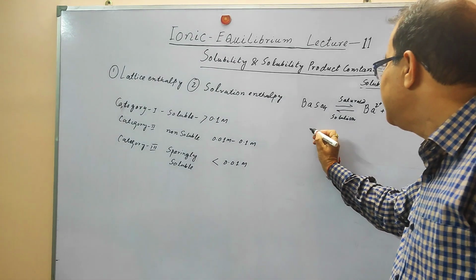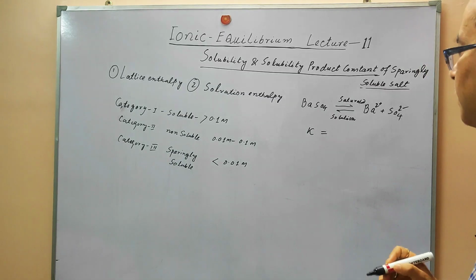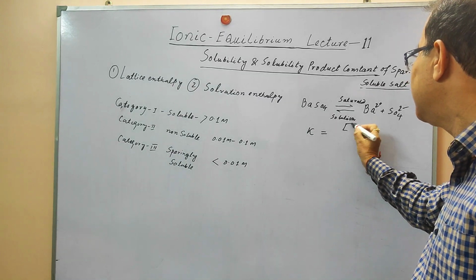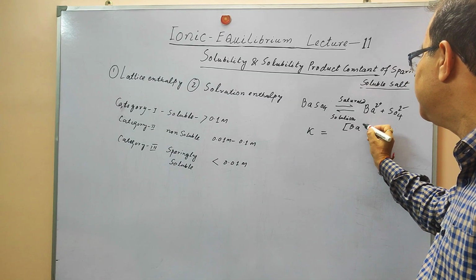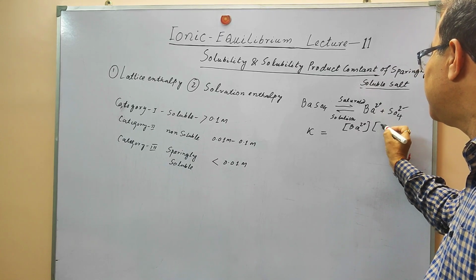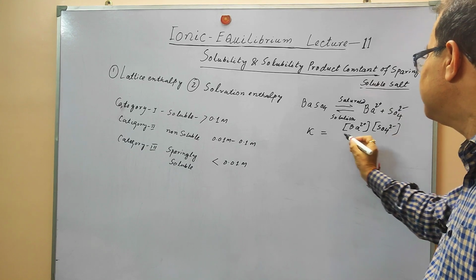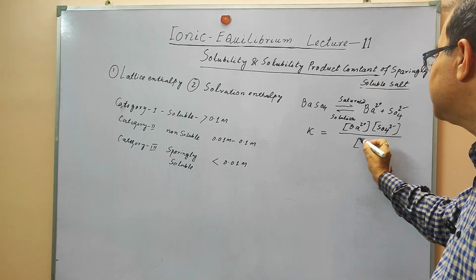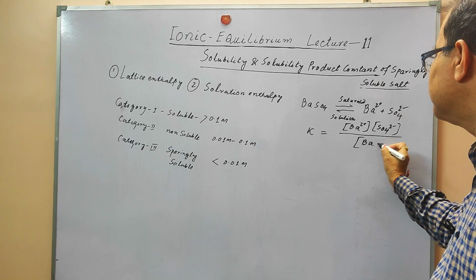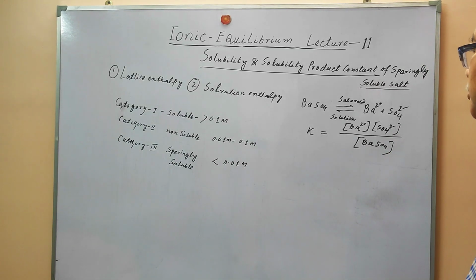Now we can write the equilibrium constant as per the law of chemical equilibrium. K is basically the ratio of molar concentrations, as we already studied: the molar concentrations of Ba2+ ions and SO4 2- ions, divided by the molar concentration of BaSO4.